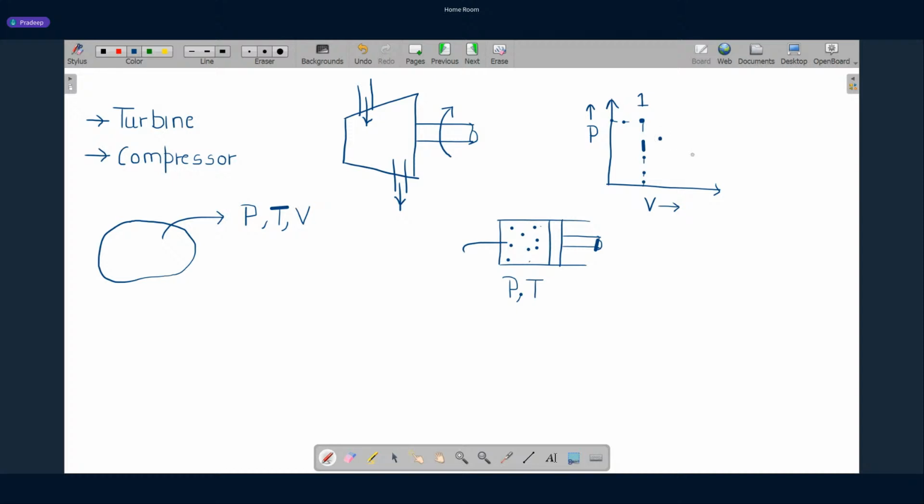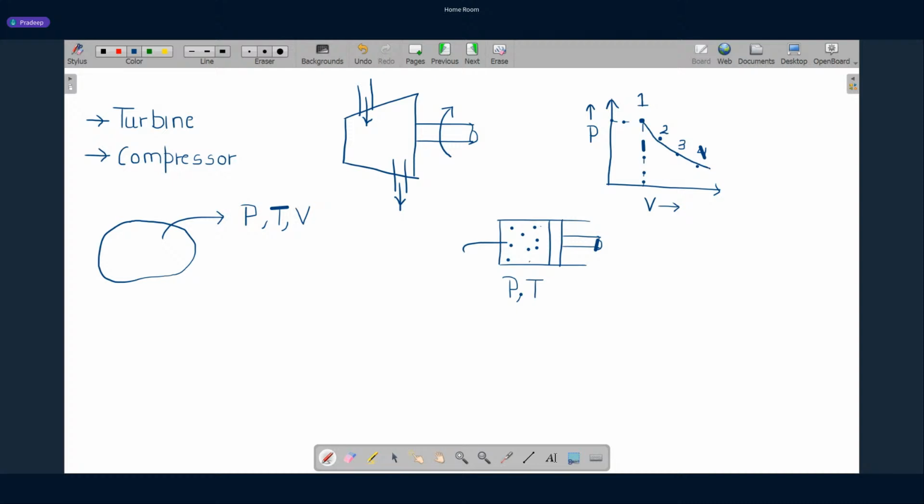Likewise we can define pressure and volume at different conditions while the piston is moving. All these points, which define the state of the gas at different positions, are the state points. And when you connect all these state points by a curve, what does it represent?